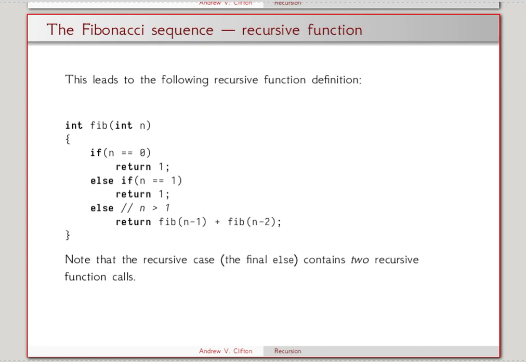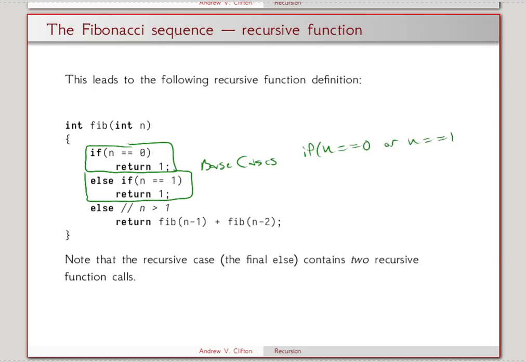So here's our pretty easy definition. We have two base cases, n equals 0 and n equals 1. You could, of course, group those together with an or, so you could say if n equals 0 or n equals 1. It would still be two base cases, but in code it would only be one branch of the if.